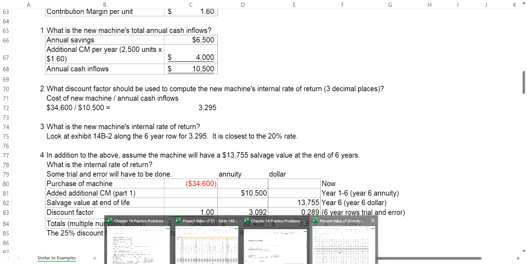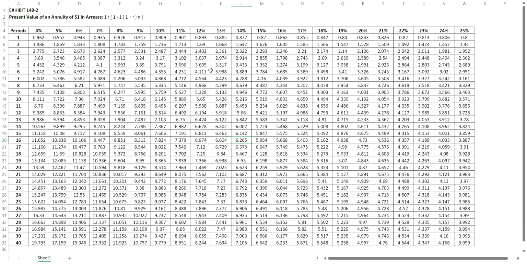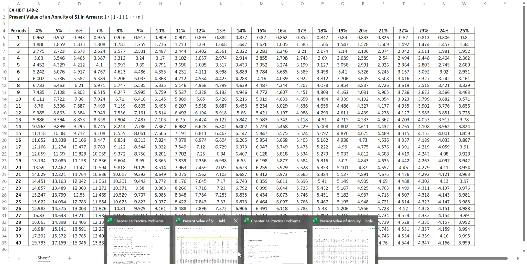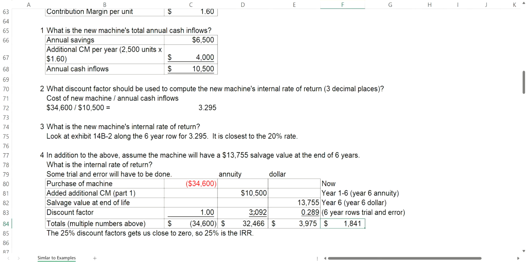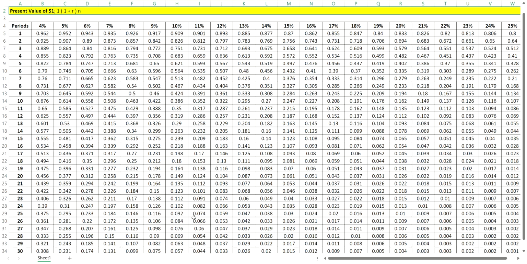Okay, let's go to the annuity table. 6 years, 25%, 2.951. And since I used Excel, that changes my calculation. Now, I also have to go to 6 years and 25% on the dollar table.